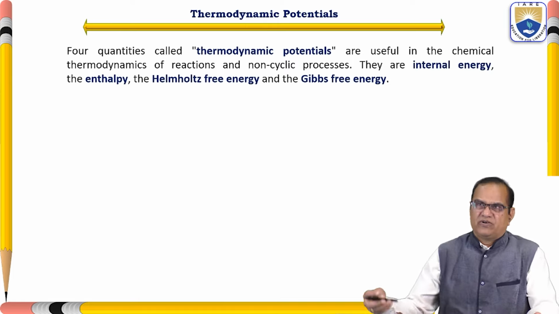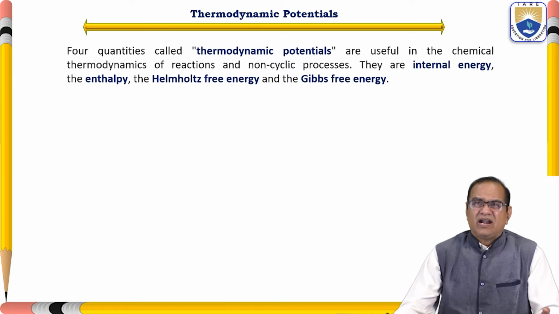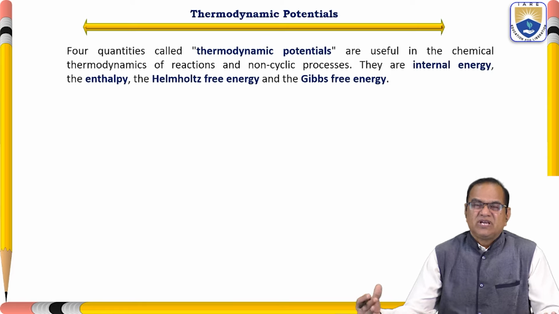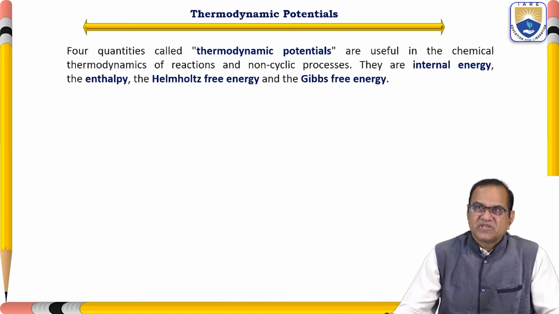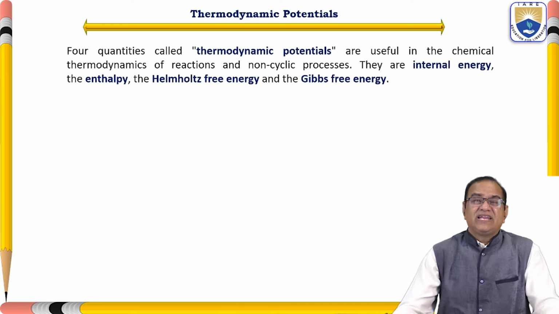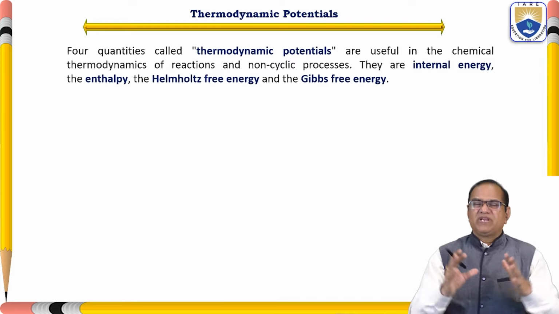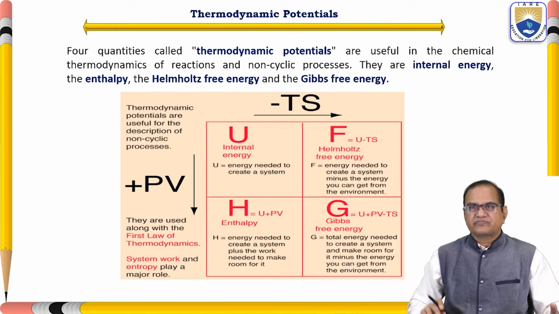These four together are called the thermodynamic potentials, and they are useful in chemical thermodynamics, where molecules with different chemical compositions take part in reactions in non-cyclic processes. They are the internal energy U, enthalpy H, Helmholtz free energy F, and Gibbs free energy G.